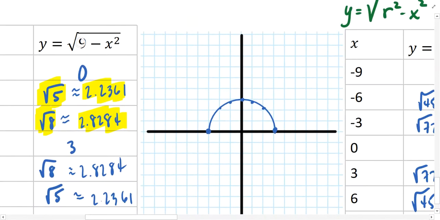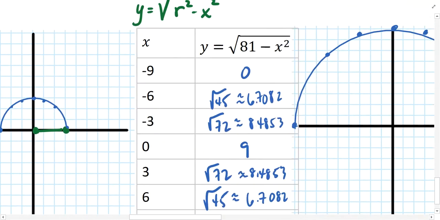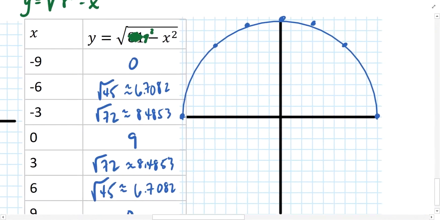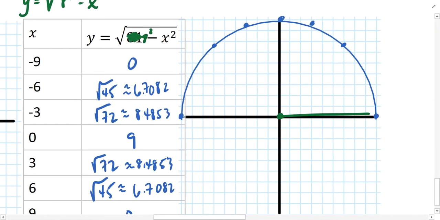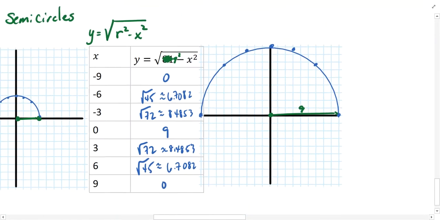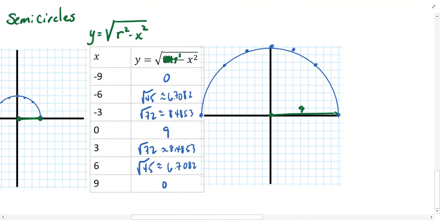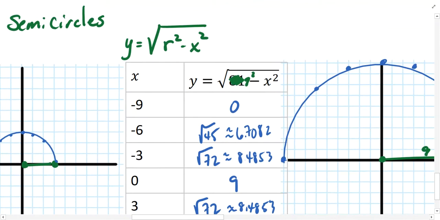You'll notice here that 9 could have been written as 3 squared, and the radius of this semicircle is indeed 3. Similarly, this 81 could have been written as 9 squared, and the radius of this semicircle is, of course, 9. So whatever radius of the semicircle we'd like to produce, we'll square that and then subtract x squared to obtain the expression or the function.